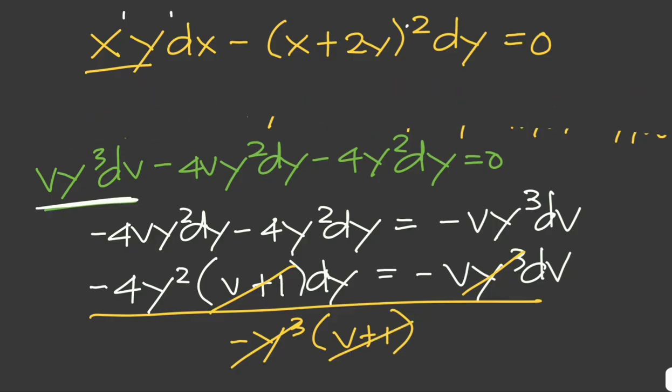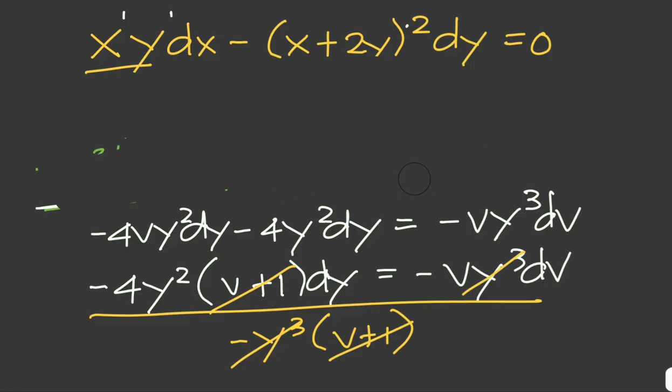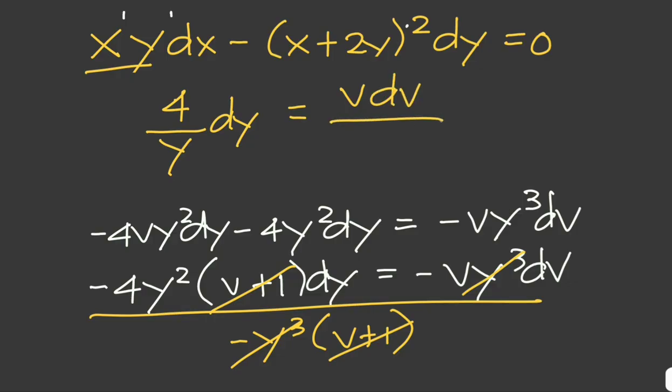Then we'll be left with 4 over y dy equals v dv over v plus 1.